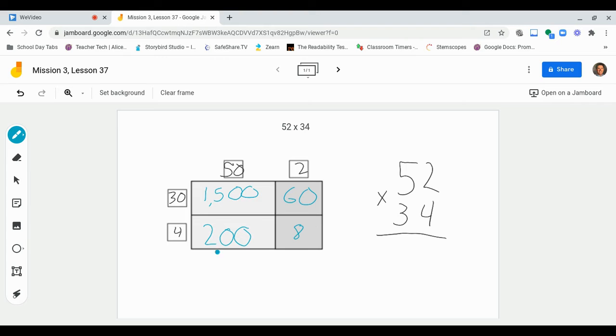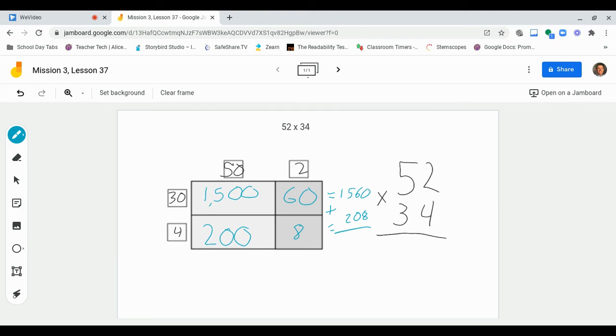Okay. So now I have the 4 numbers, these 4 partial products, and I just need to add them up. Again, I like to do the top row: 1,500 plus 60 is 1,560. And then the bottom row, 200 plus 8 is 208.